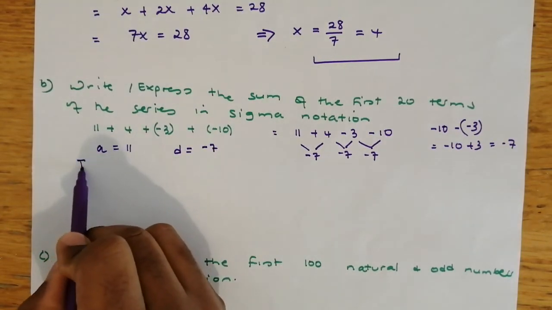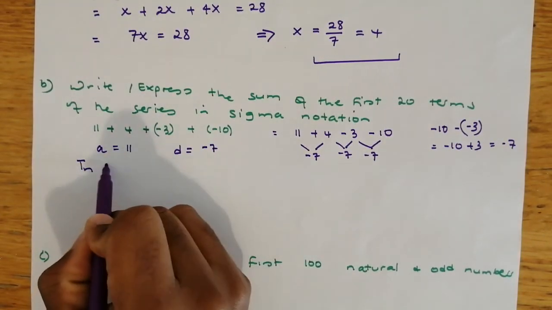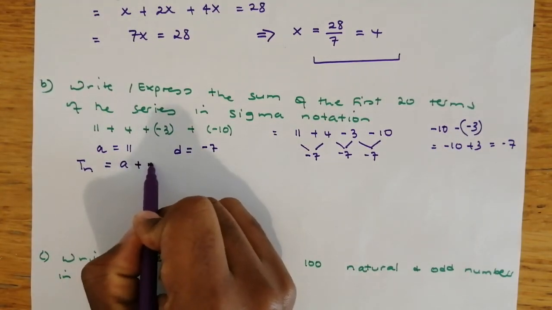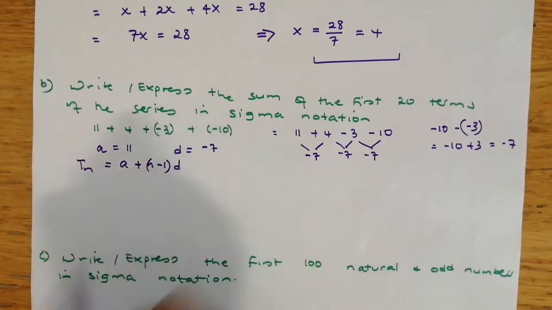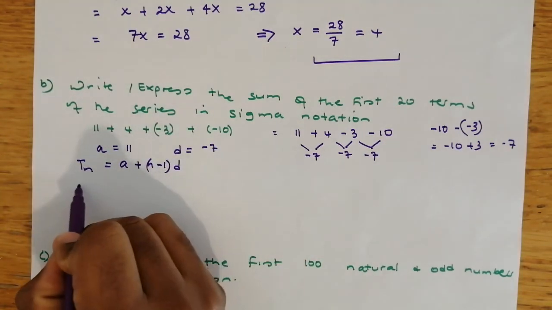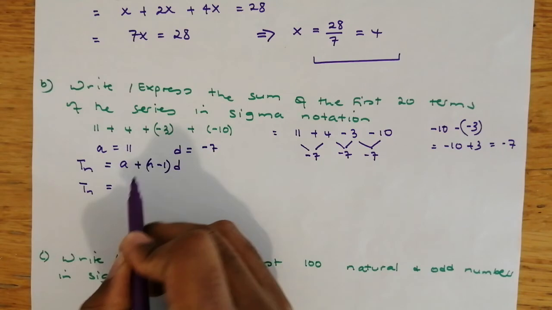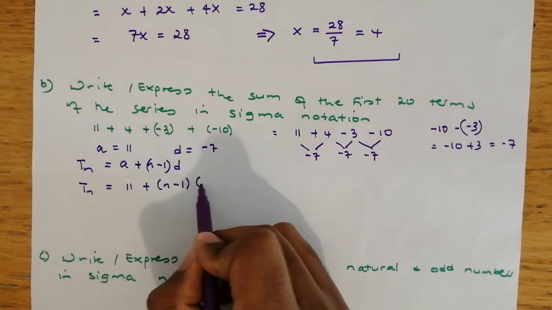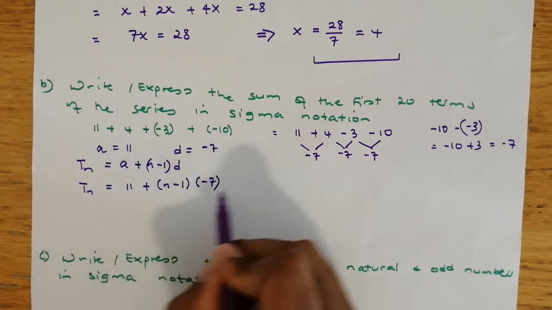So we go the old school way. Tn is a plus n minus 1 multiplied by d. So Tn equals 11 plus n minus 1 multiplied by negative 7.